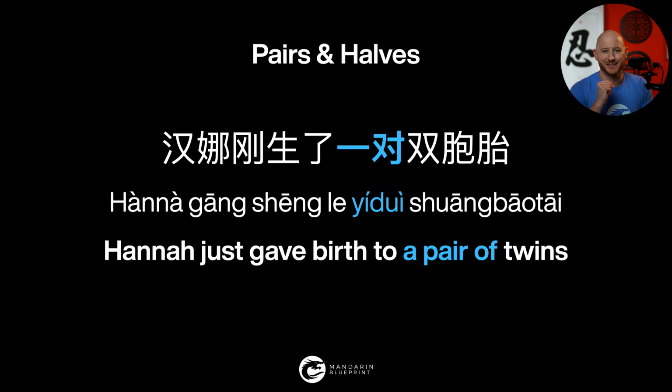Now, I love this sentence because it actually has the character 双 in it, because the word for twins is 双胞胎, literally, I guess, double womb fetus is the literal translation of those three characters. And so when you have 双, it tends to be things that have some degree of inseparability to them, right? But the twins themselves are 一对, because of course they can operate separately.